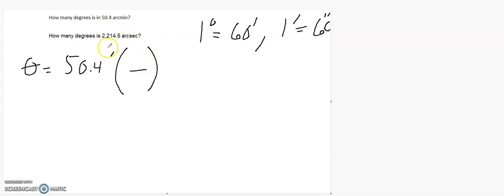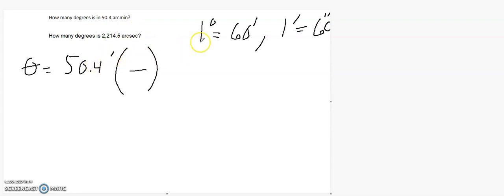These are 2 problems, and this is really pretty straightforward. We have an angle, I'll just write it as an angle theta. It doesn't really matter what you call it. It's 50.4, and remember, arc minutes can also be written this way. Then you always use a fraction, and what goes in the denominator has to cancel what's already up here.